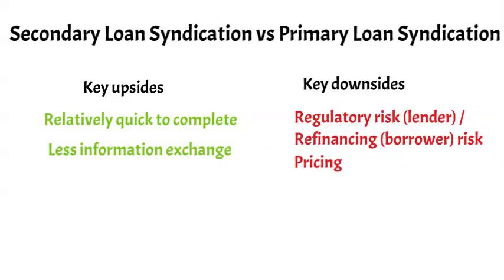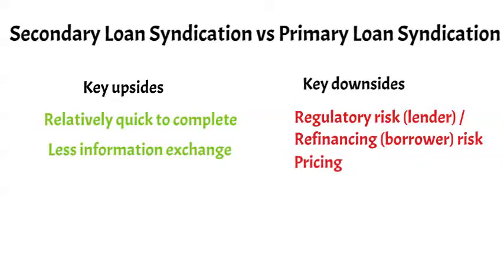The last fundamental point is pricing, as lenders will usually require a premium for exposing themselves to risks associated with funding the whole loan, as described above. This premium will usually take the form of higher interest rate and fees. In addition, the fact that the loan is syndicated only secondarily normally means that proper lender auction process did not take place, which can affect pricing even more adversely from the borrower's perspective.